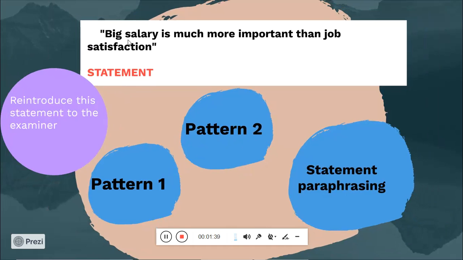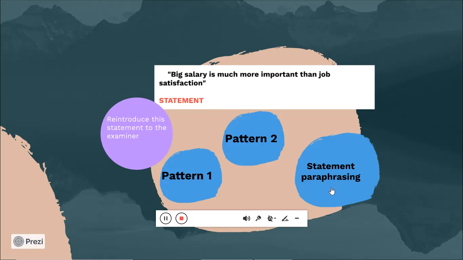Remember, our statement in the question is big salary is much more important than job satisfaction. We are going to reintroduce this statement to the examiner. Now let's paraphrase our statement and learn how to paraphrase a statement.